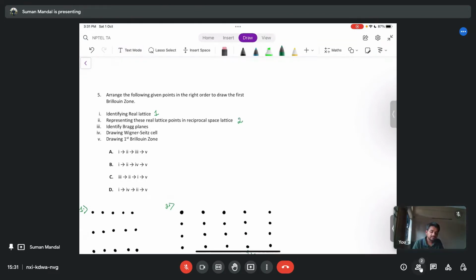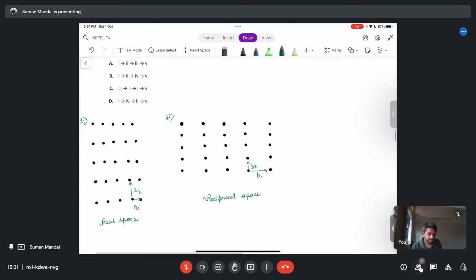Now we have to draw the Wigner cells corresponding to this, or the Bragg planes corresponding to this.